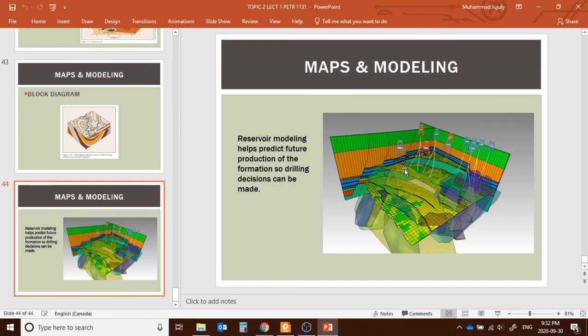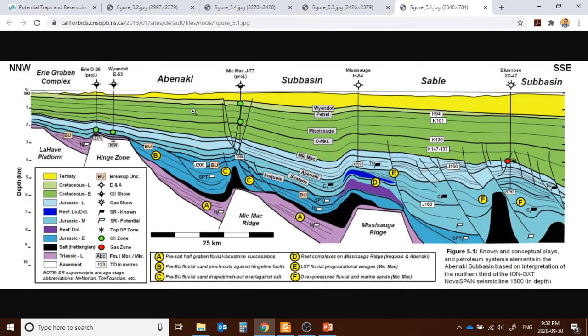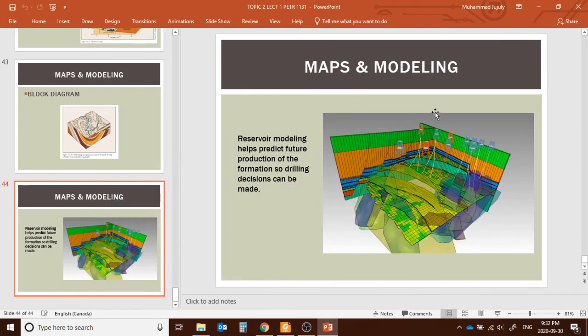Okay, and we collect the core samples, and from there we analyze the data, combine it, and generate this 3D seismographic model. Okay, it looks exactly like that. This is actually 2D, but we can extend it to 3D if we have more drilling rigs. So this is exactly how we do these maps and modeling.